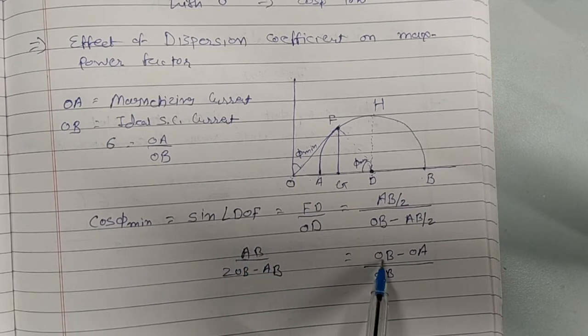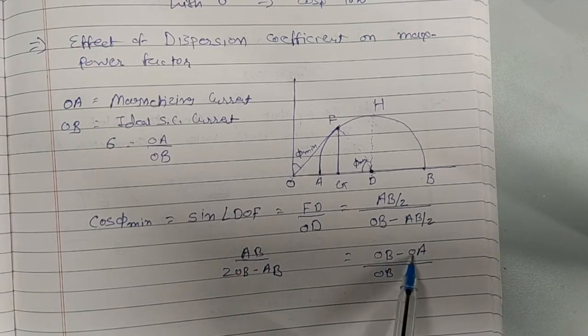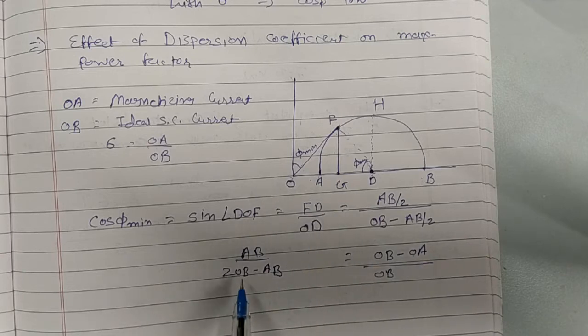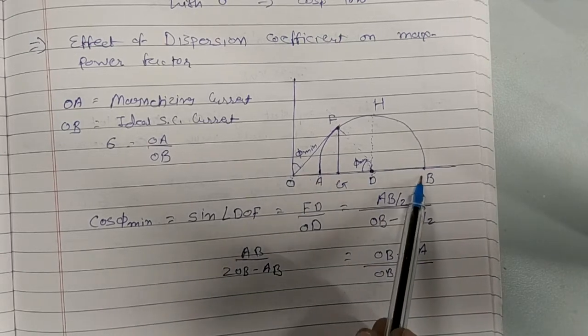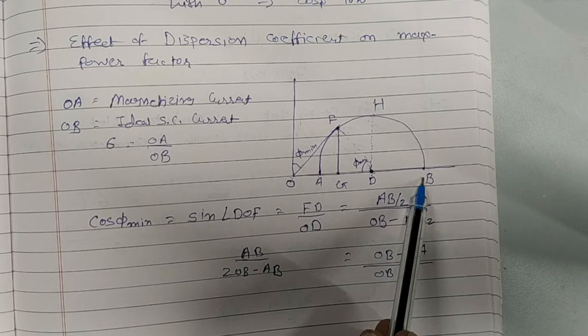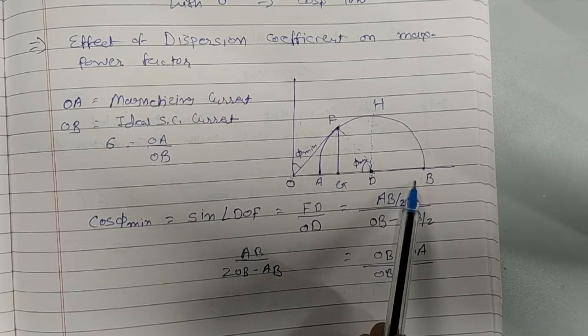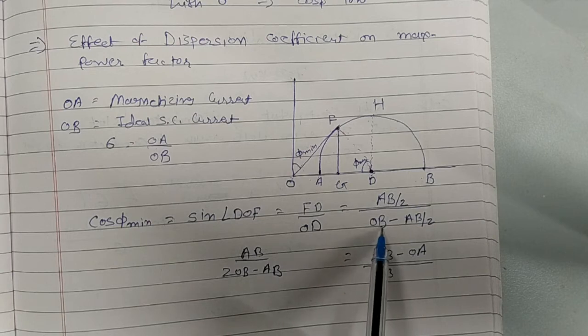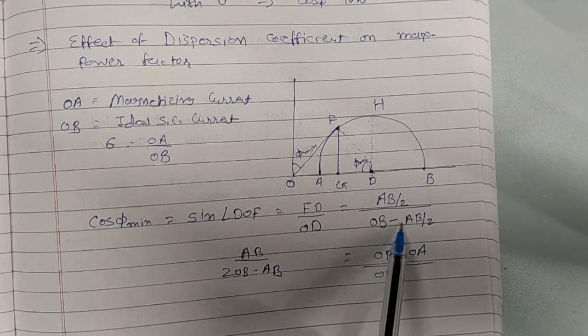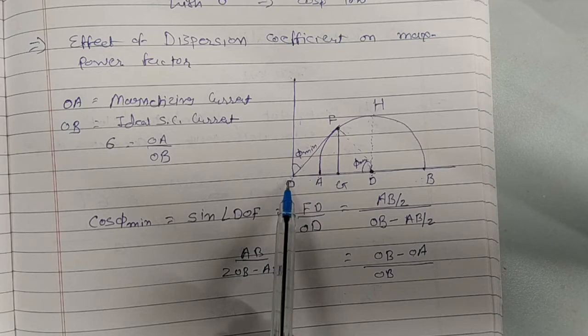So instead of AB, I will write OB minus OA, and twice OB minus AB. OB is over here. After multiplying this equation by 2, I am getting twice OB minus OA.